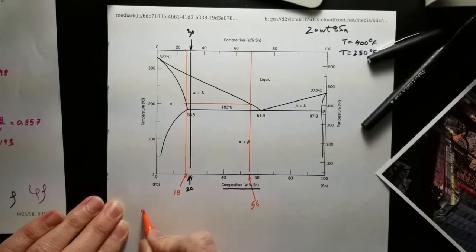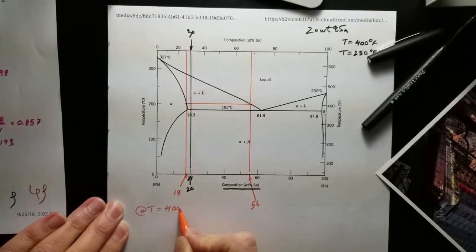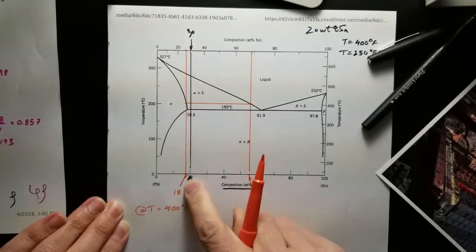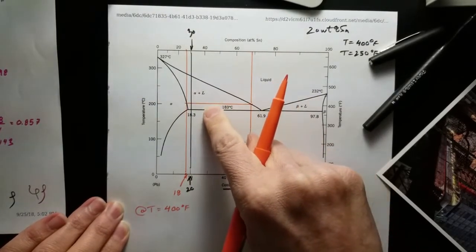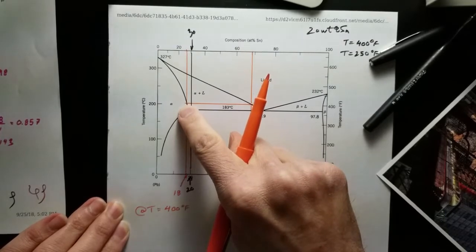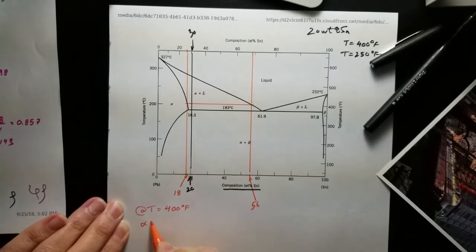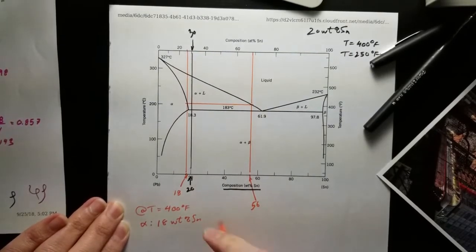So at T equals 400 degrees Fahrenheit, the composition of the alpha is where the horizontal tie line intersects the boundary between alpha plus liquid and alpha. So alpha has a composition of 18 weight percent tin. If instead you wanted to talk about atomic percent, you can just read that off as well.